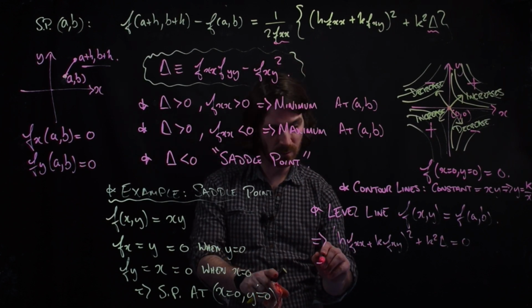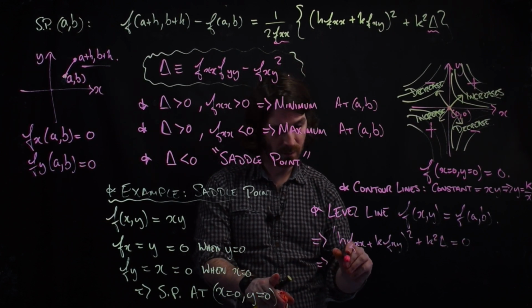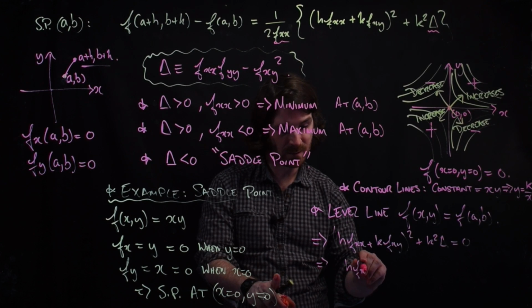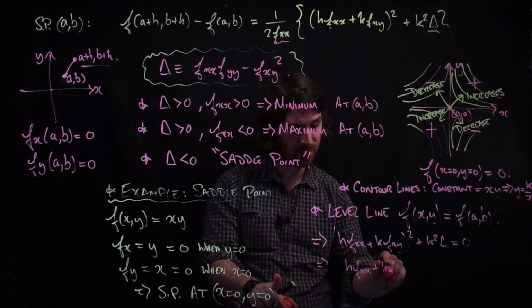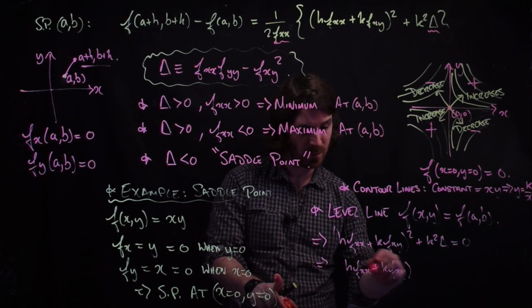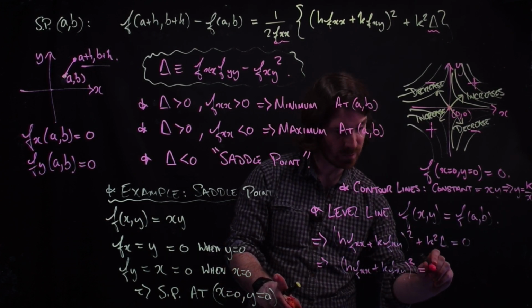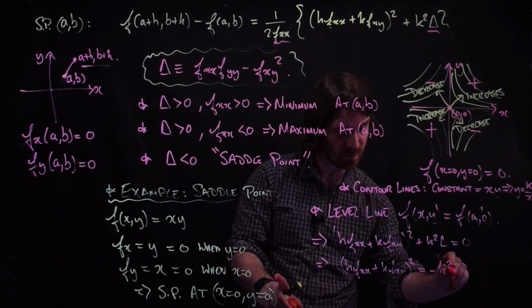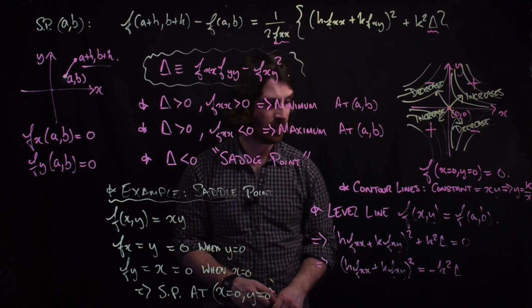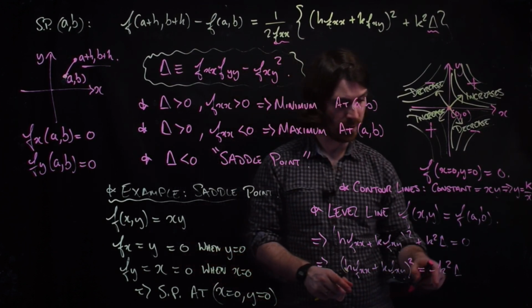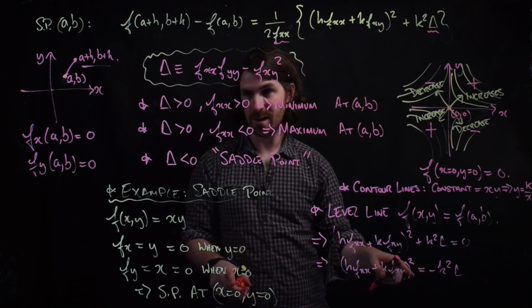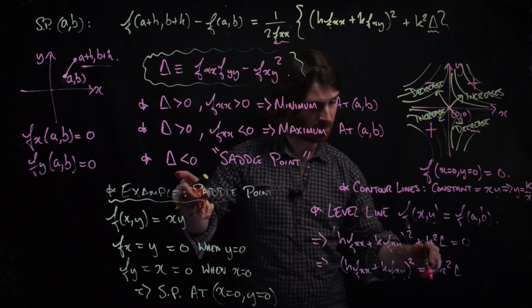Or that (hfxx + kfxy) all squared equals minus k squared delta. In this case we're at a saddle point, so delta is less than 0.